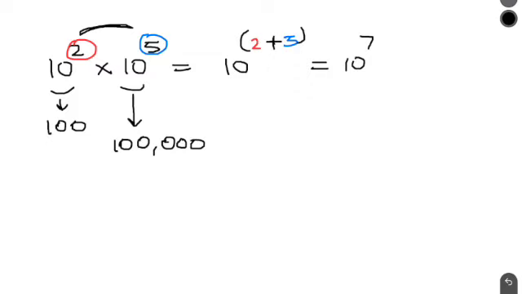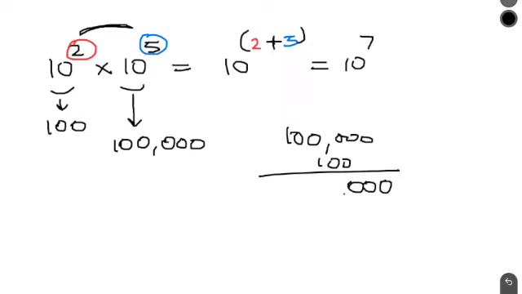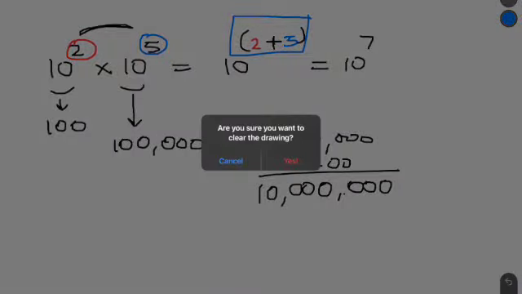So in actual fact, when we multiply 100 by 100,000, if you pull out your calculator, you'll see that it would actually have 7 zeros. So a much shorter way of working this out is simply adding the exponents. Let's do another example.